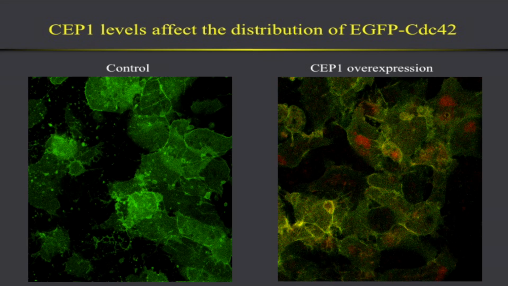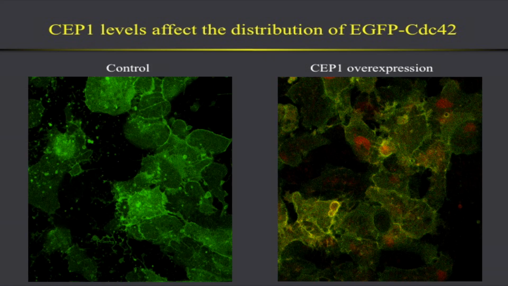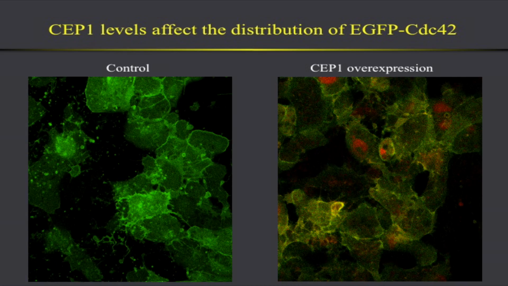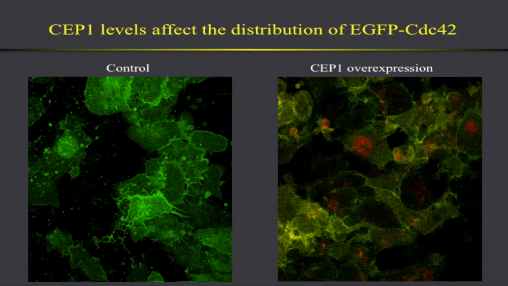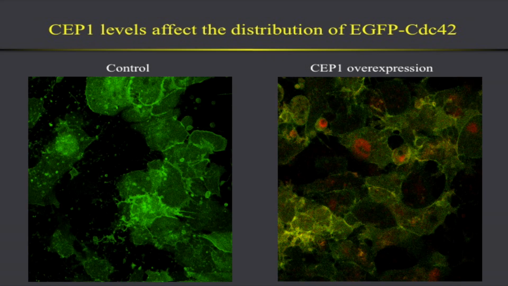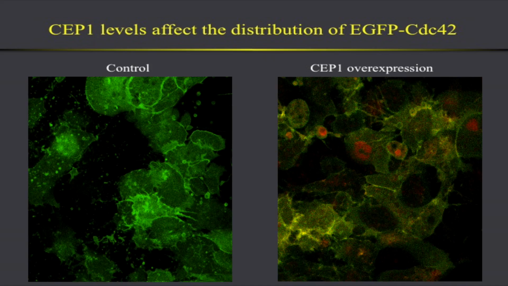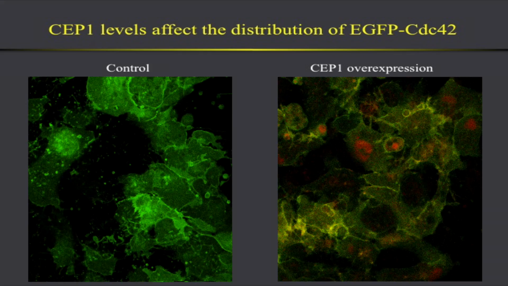So next, look at how the levels of CEP1 change the distribution of Cdc42. So here, this is the control of Cdc42 by itself. This is an explant, and the cells are actually migrating towards the right. So you can see the cells form protrusions only on the right side, and Cdc42 is enriched in these membrane protrusions.